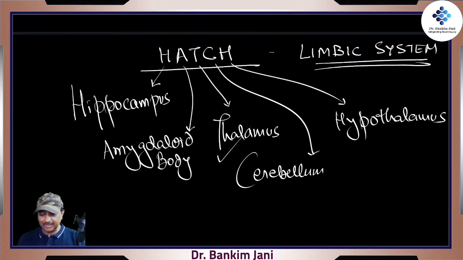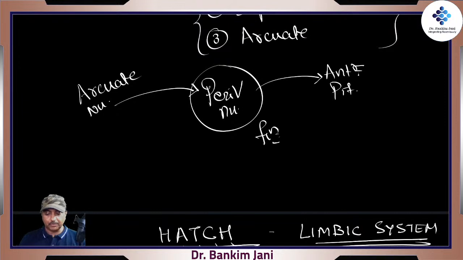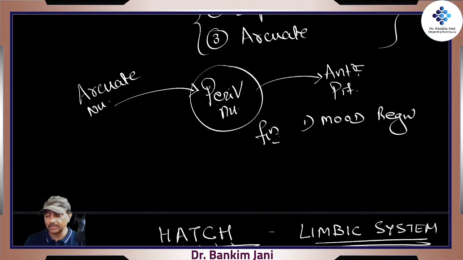And the hypothalamus is taking things to the next level, right? So over here, when we talk about the periventricular nucleus, its first main function is mood regulation. So it's not that every minute we are either happy or sad and things go like that.